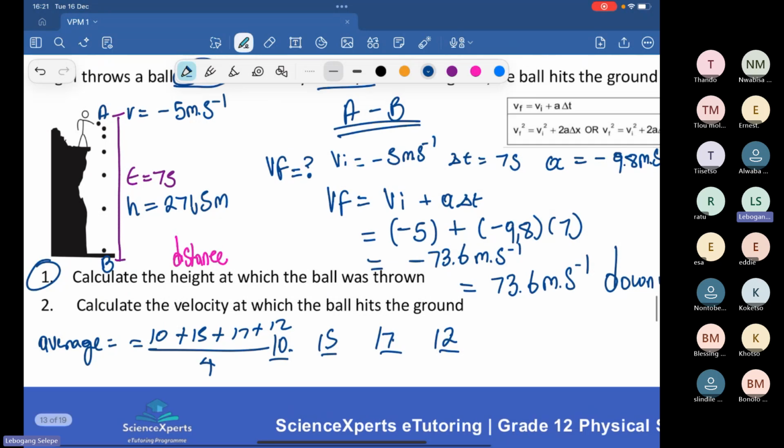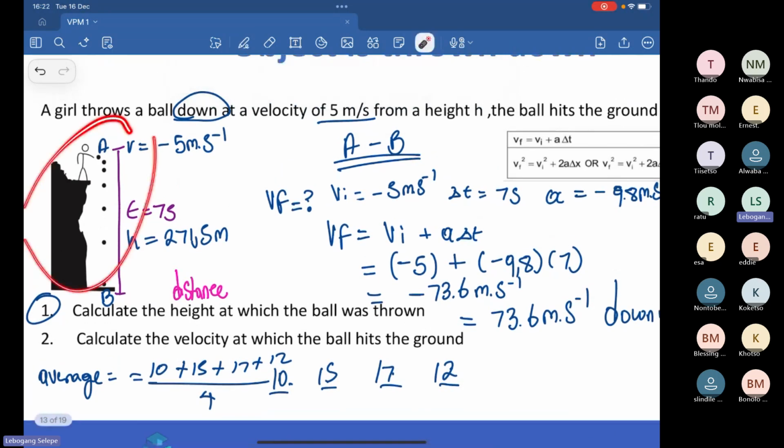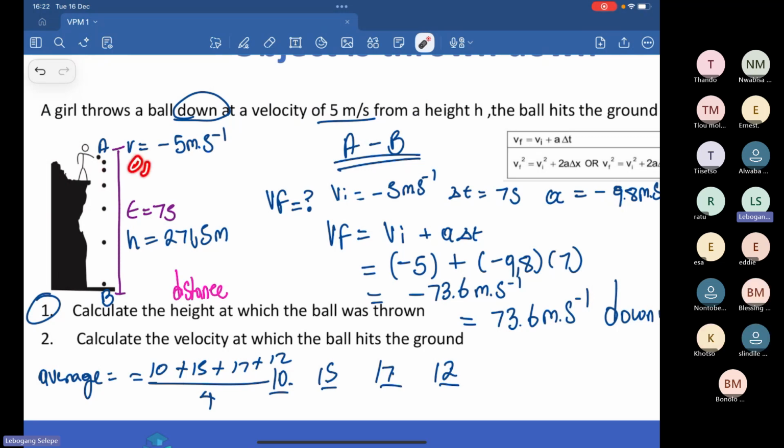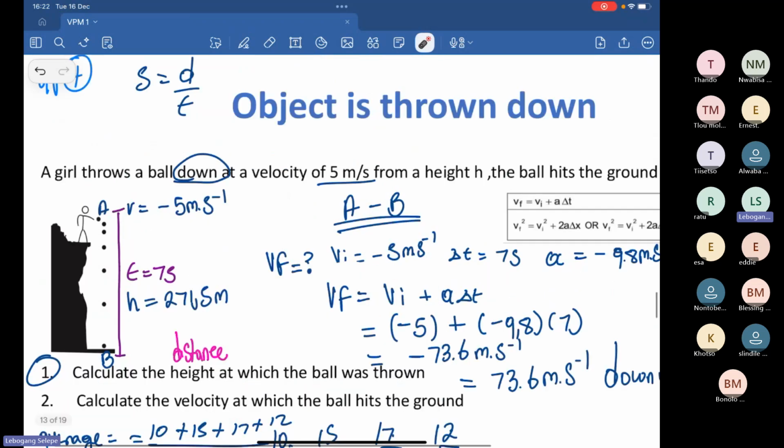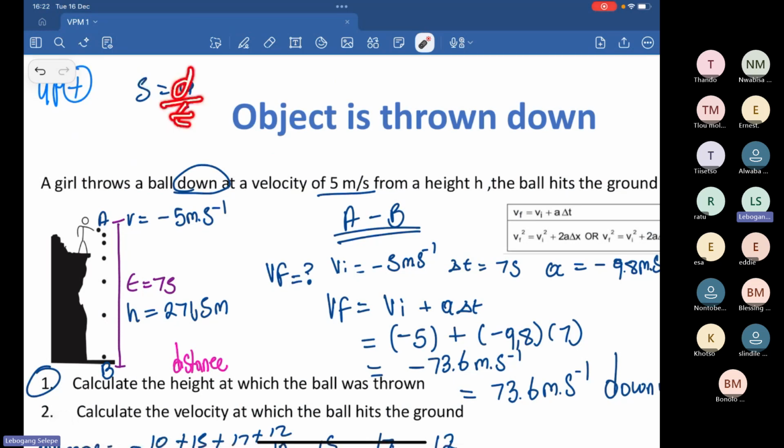But with velocity, with motion, the object changes speed at every little point. So it has so many speeds. Even after a split second, the object has a different speed. So it's impossible for us to calculate the average using this method. Rather, we just take the distance and divide it by the time.